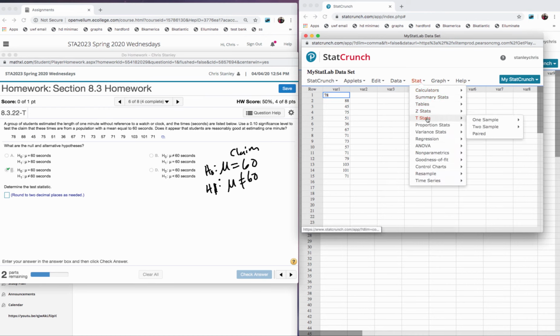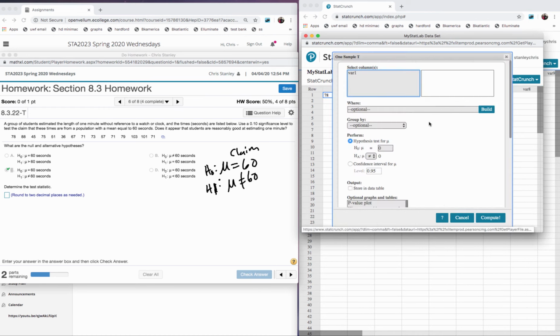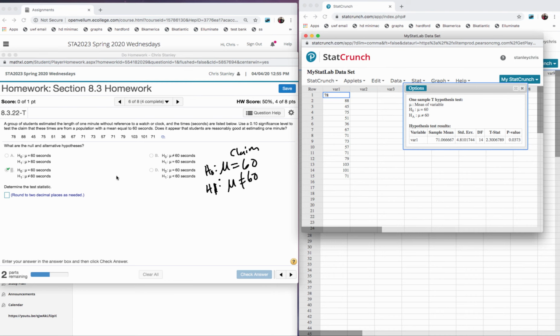Stat, T-stat. We have data. We're going to select which one we want. I have to change my hypotheses to match my hypotheses here. That's a not equal to. That's a not equal to. And this will give me the T and the p-value. So 2.3.